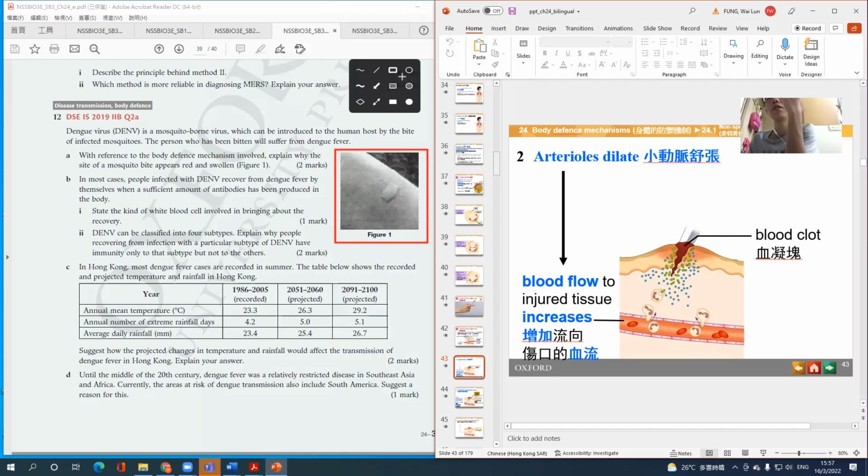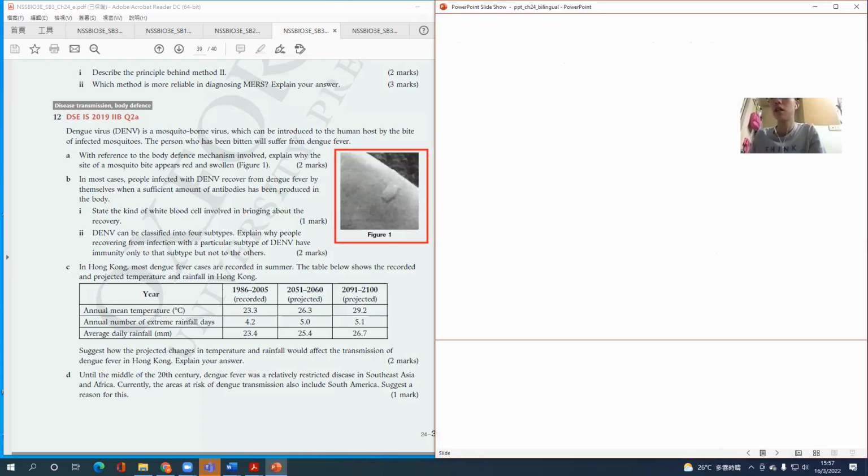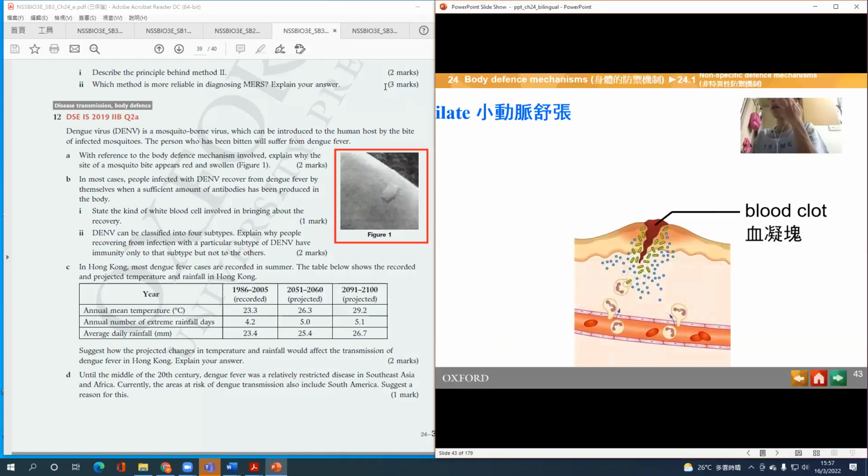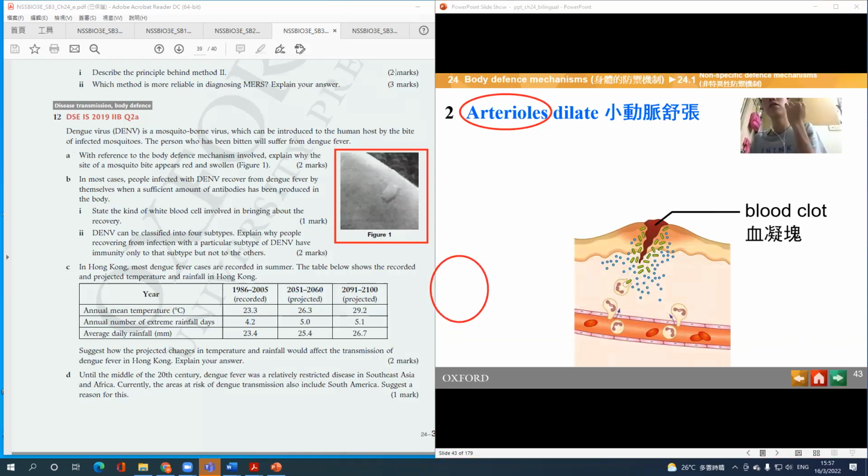What are arterioles? Arterioles are a little bigger than capillaries, arteries around here. Arterioles dilate means they get larger.